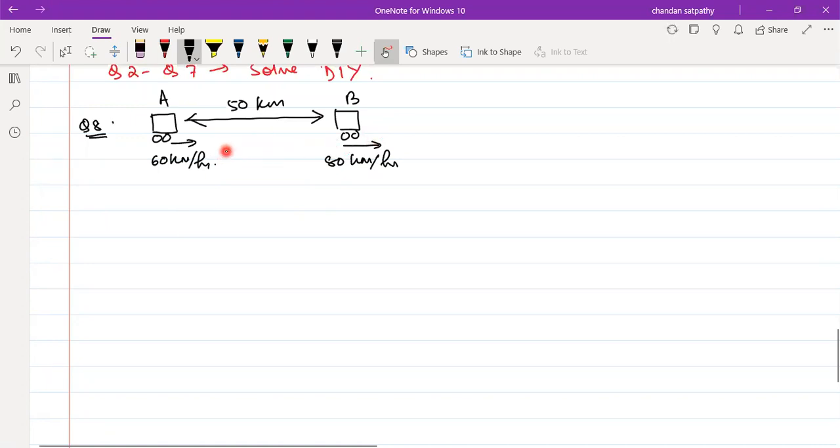So after 18 minutes, where will the car be? Or we have to find the distance between both the cars. So how can we do that? It's very easy.